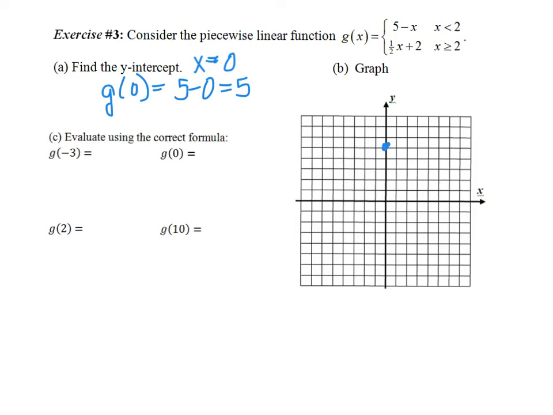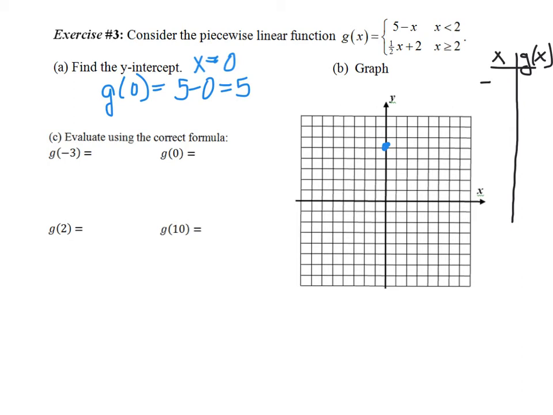Now what we'd like to do is graph the rest of this function. So I'm going to make a table of values, and I'm going to notice that it's going to change definition at x equals 2. So I've got x and g of x. Now this one does not give me a beginning spot or an ending spot on my domain, so I can start wherever I would like as long as it's less than 2.